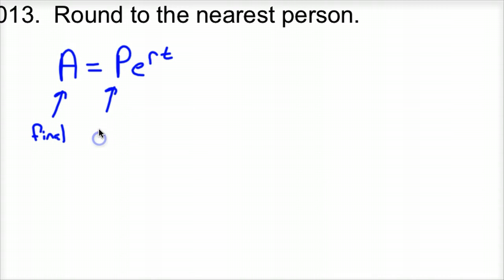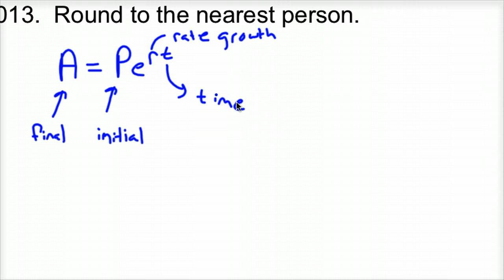P represents our initial amount. R represents our rate of growth, which in this case they don't give us, and we're going to have to find it. And T represents time in years in this case. It could be in days, and the next problem is going to be in days. But that's kind of what all of that stuff means.